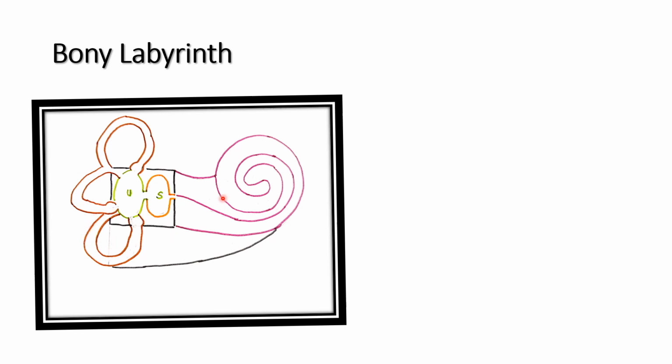Inside the bony part, it has the membranous labyrinth within the cochlea, and within it is the semicircular canal. Between the bony labyrinth and the membranous labyrinth, it contains the perilymph.